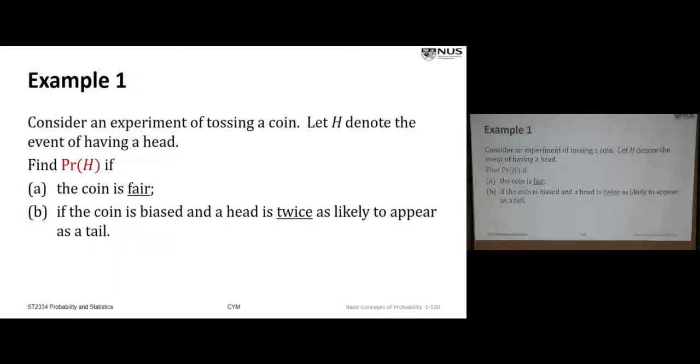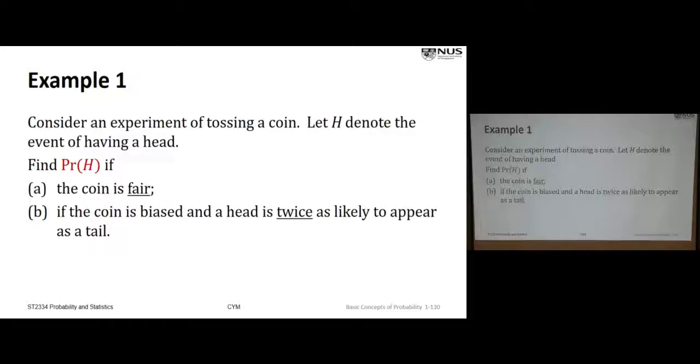We can do that, and this axiom is reasonable, because they're mutually exclusive. If Ai occurs, then Aj will not occur. So I can add up all these probabilities together to get the probability of the union of all these events.